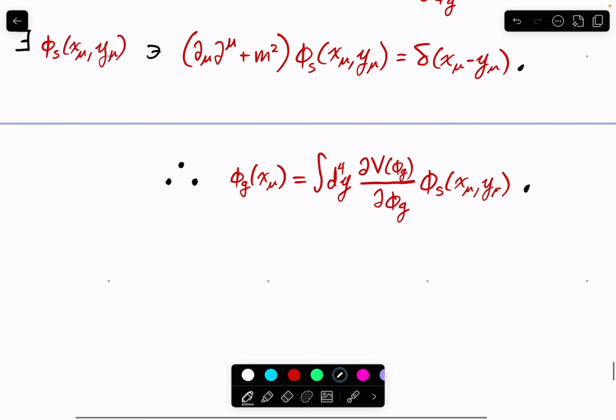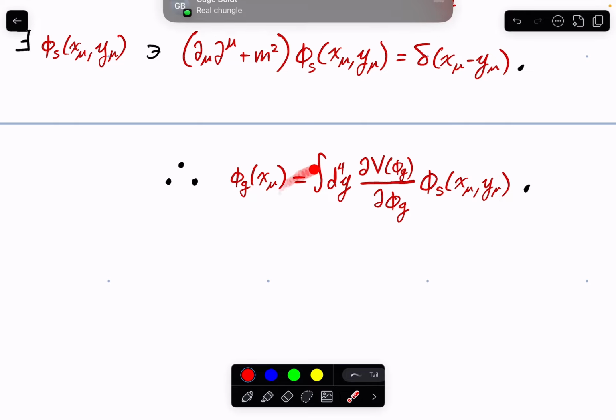Now, in the next video, we'll be talking more about what the specific forms of this special solution look like. We will see what they look like and how this simplifies the equation.